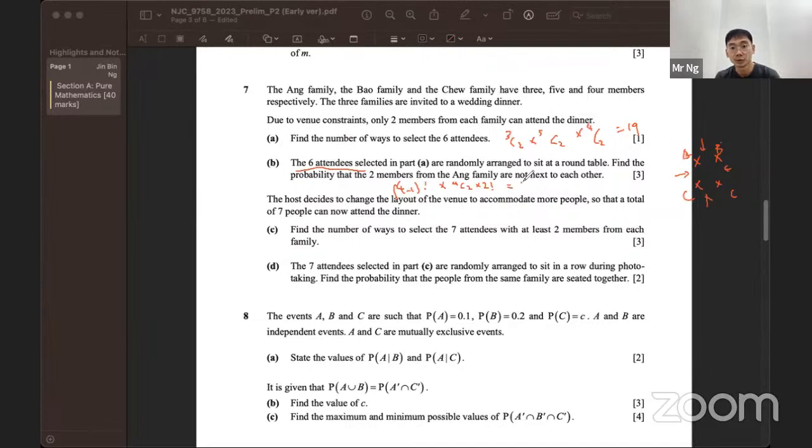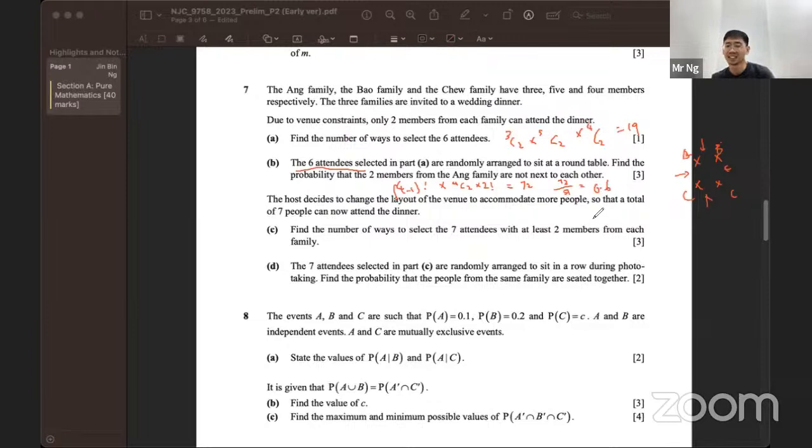That's 72. Now after that divide by the total. So 6 of them, so it's 5 factorial in the circle. So 72 divided by 120 is 0.6.